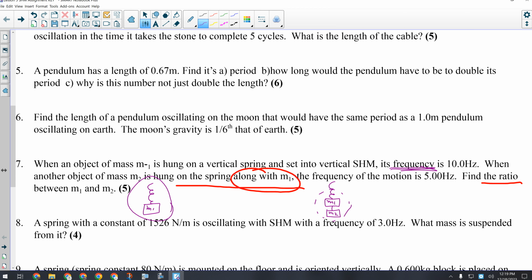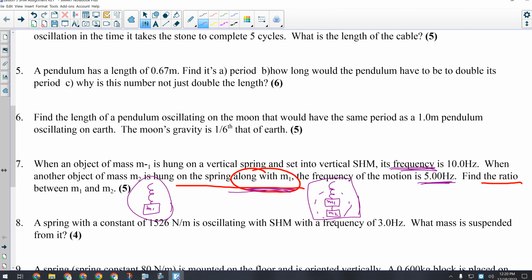When another object of mass 2 is hung on the spring along with mass 1, so in the second situation both masses are on the spring, not just mass 2, both of them, the frequency of the motion is 5 hertz. Find the ratio between mass 1 and mass 2. That is, how many times bigger is one than the other.